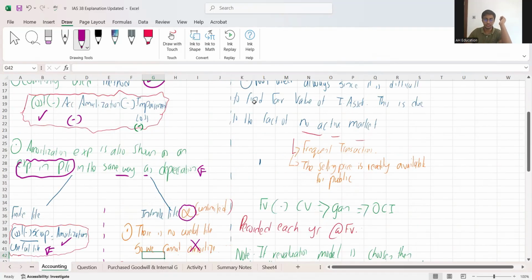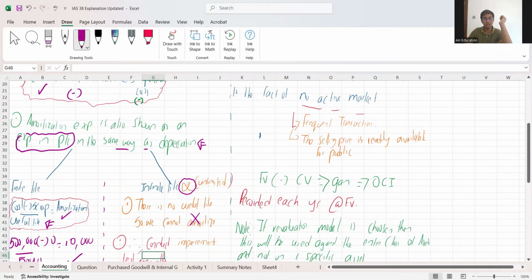Okay, now coming to something called amortization. Amortization is the same thing as your depreciation. Depreciation is done for tangible assets.